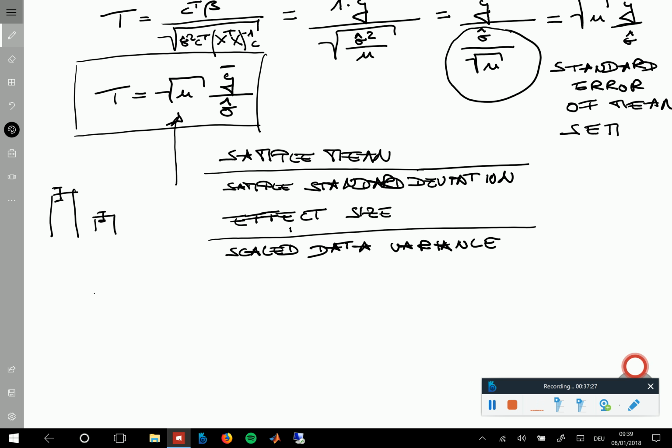So in the end, putting it informally, you can get things significant by increasing the sample size without actually increasing the ratio between the effect size and the variance estimate.